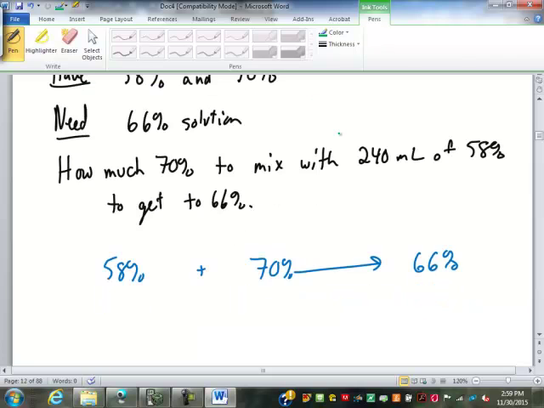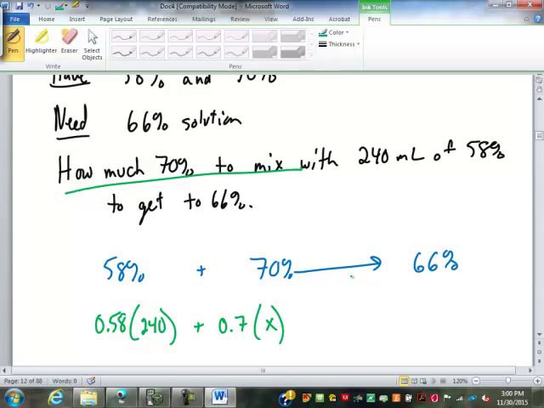So the 58% is 0.58. Do we know its volume? 240. 70% is 0.7 or 0.70. Do we know its volume? No. In fact, how much of the 70%? That's what we're looking for, so we'll call that x. Equals 66%, which is 0.66.